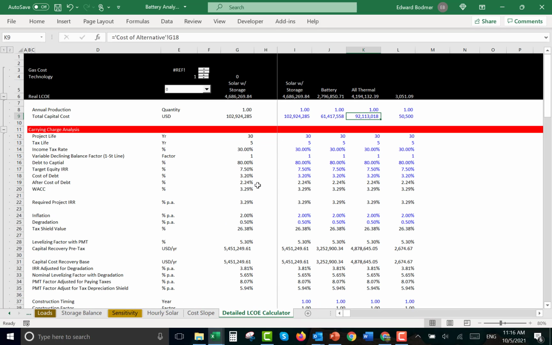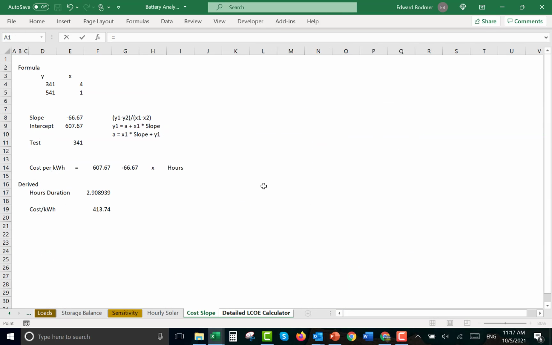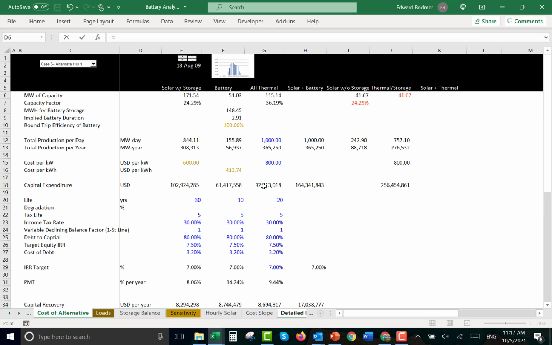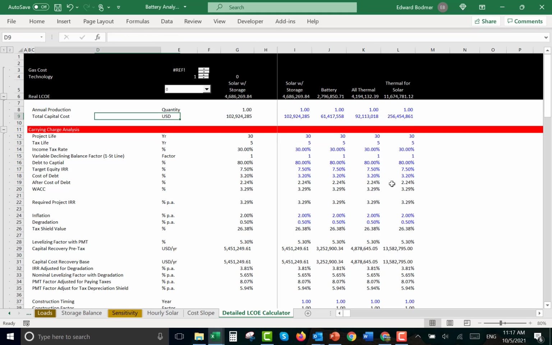So we've got more capital intensity, and that's a big deal to really understand. And then finally, thermal, for solar. And we almost don't need this one because it's going to be different, but when we divide it out, it'll be the same.